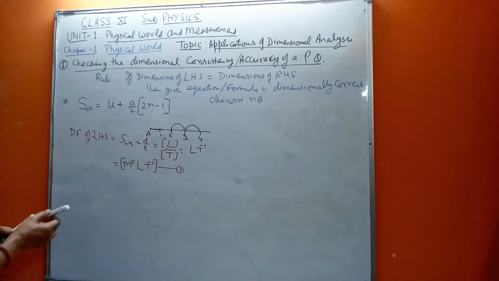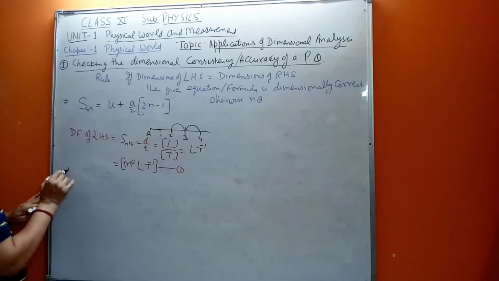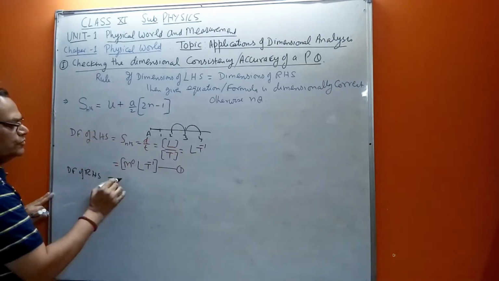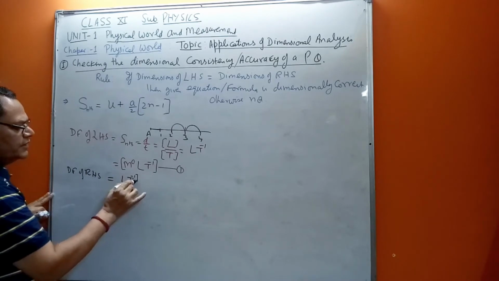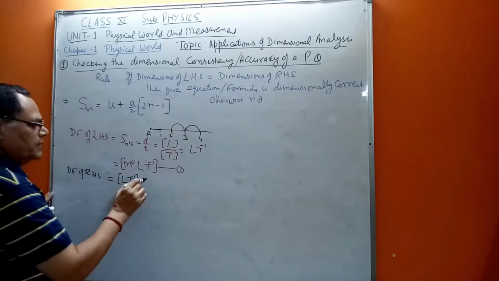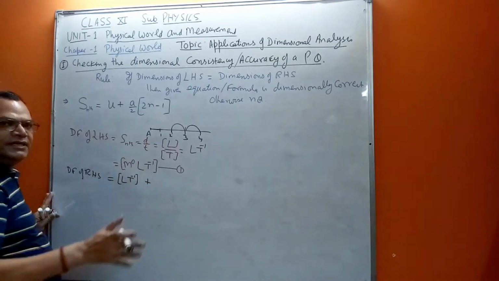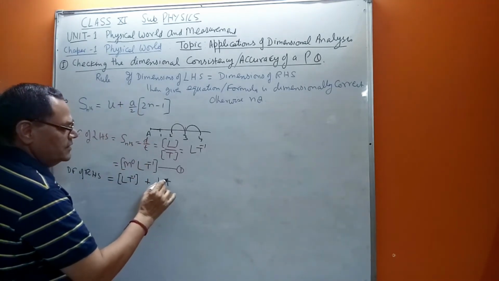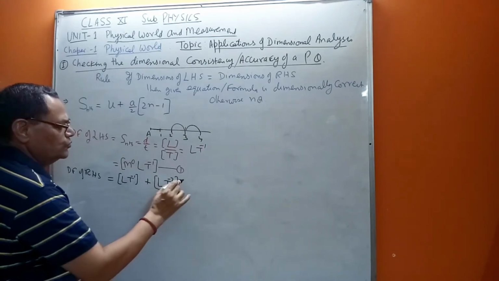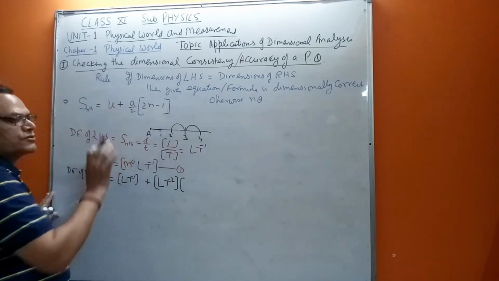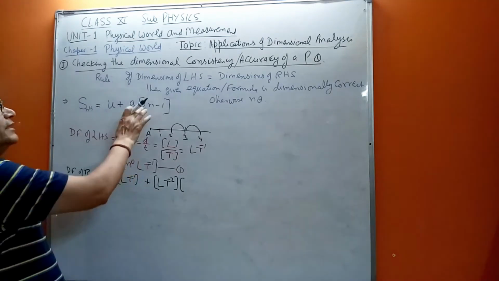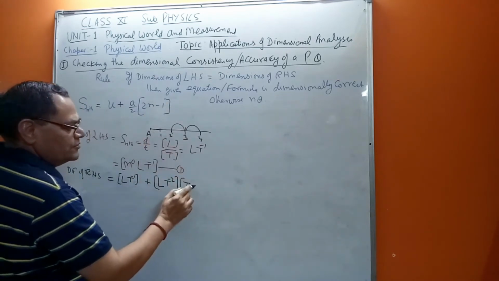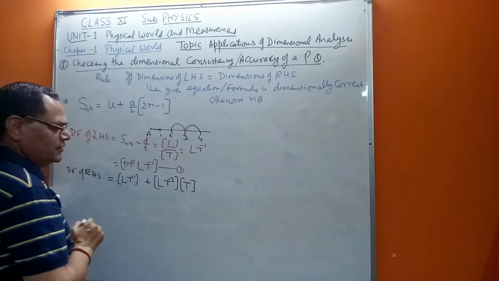Now let us take the right hand side, the dimensional formula of the RHS. u means LT minus 1, that is the initial velocity, plus this half doesn't have any dimension because it is a constant. a, acceleration, means LT minus 2, then 2n, this 2 will also have no dimension. n is the time basically, that is T, minus 1 is a constant, so it remains T only.